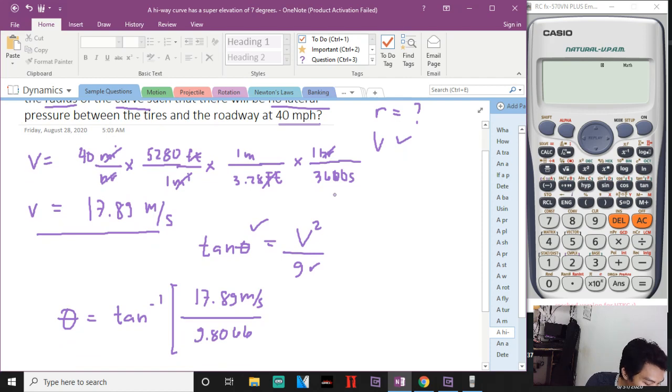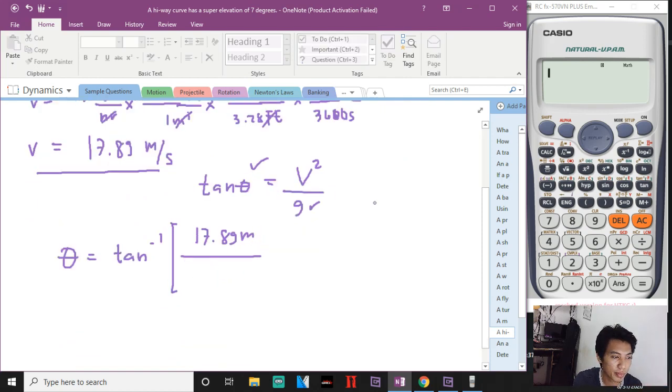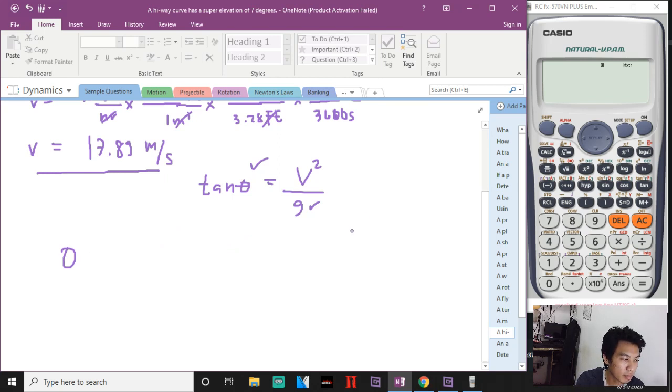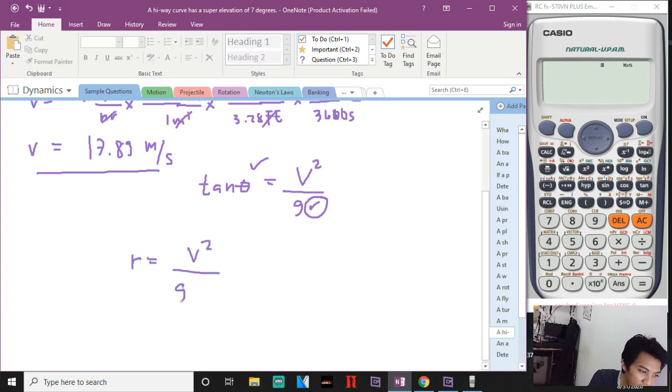meron ka palang degrees. Ang hinahanap pala dito is the radius of the curvature. Okay. So, meron kang R dito equal to V squared over G tan theta. Okay.